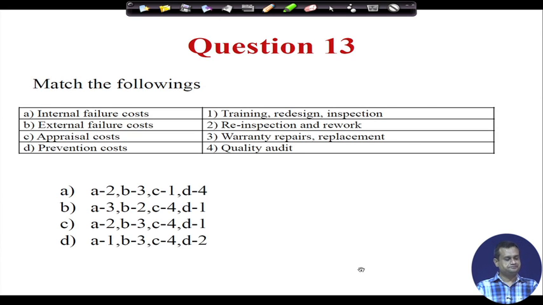Question 13. Match the following: internal failure cost, A, B, external failure cost, C, appraisal cost, D, prevention cost. Now, on the right side you are given different kinds of activities or work, and you are supposed to match them with the left side options. 1, training, redesign, inspection, 2, re-inspection and rework, 3, warranty, repair, replacement and 4, quality audit.